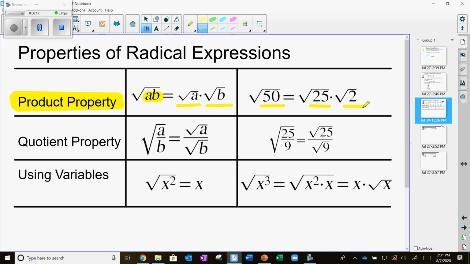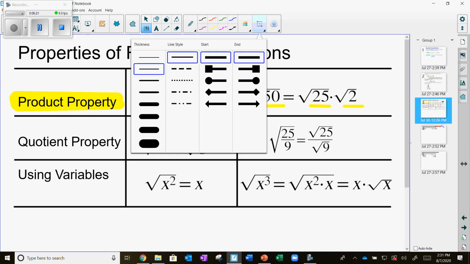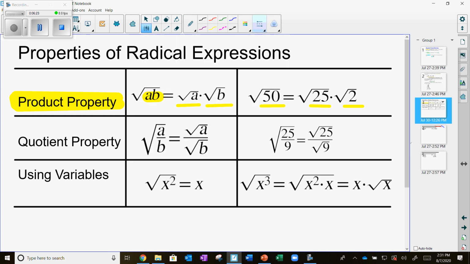Could we take that one step further and simplify it? We absolutely could. We can express this as the square root of 25, which is 5, times the square root of 2. This is a much smaller value to contend with than the square root of 50, so that's why we say it's expressed in simplest form.